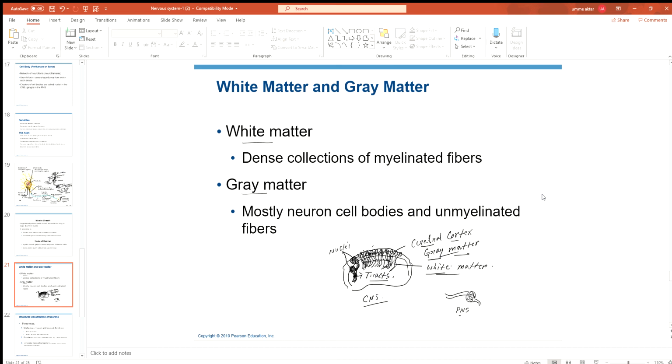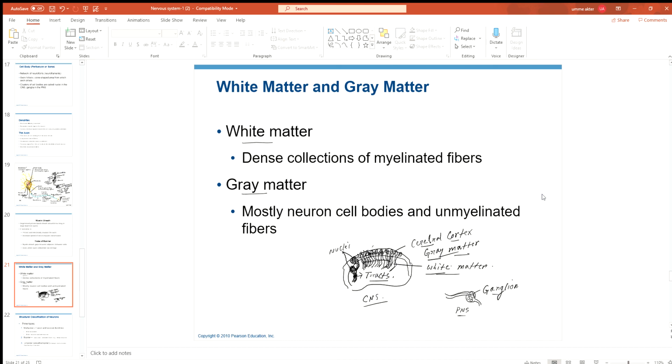This is called a ganglion. Nuclei and ganglia are the same thing, but nuclei are in the central nervous system and a ganglion is in the peripheral nervous system.